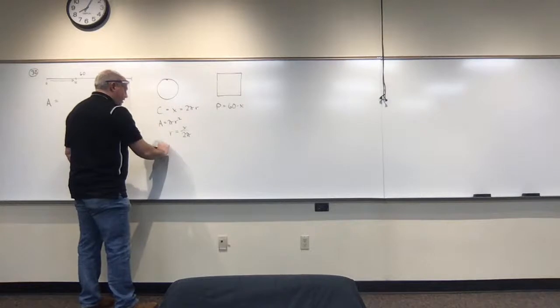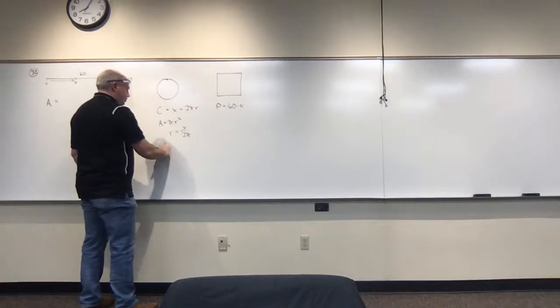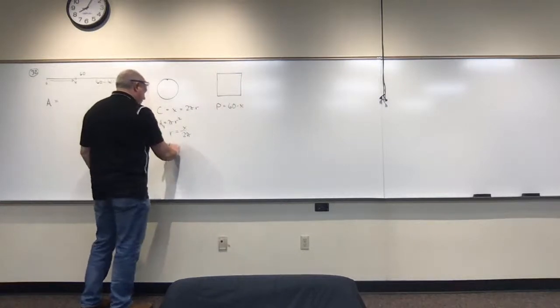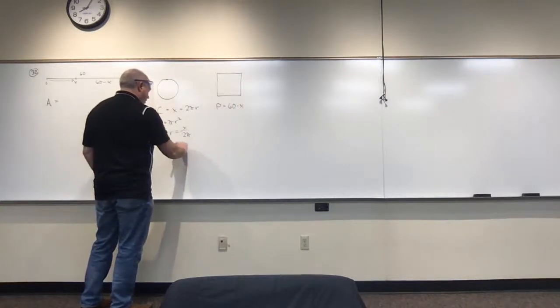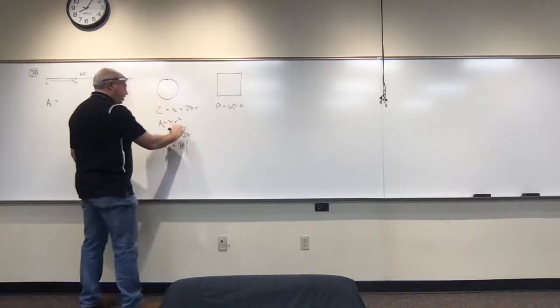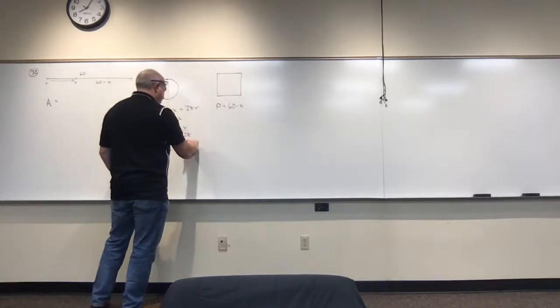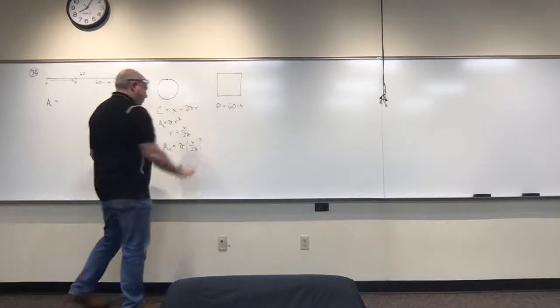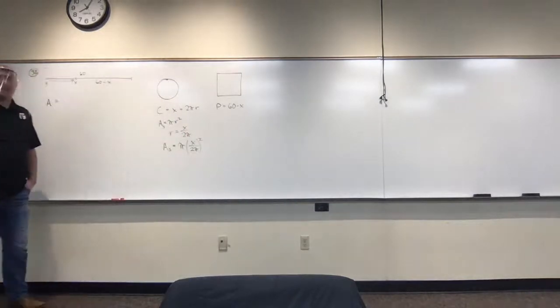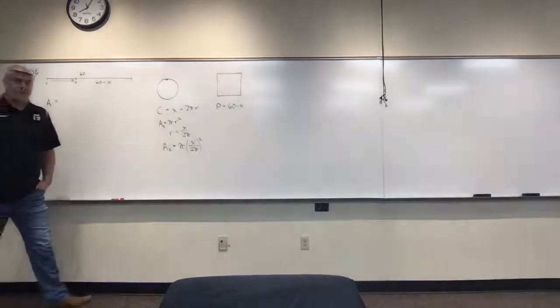So now I could write that the area of the circle, maybe I'll put a little area of S, is equal to pi r squared, but r is X over 2 pi. So this is X over 2 pi squared. And I suppose I could simplify that a little bit.